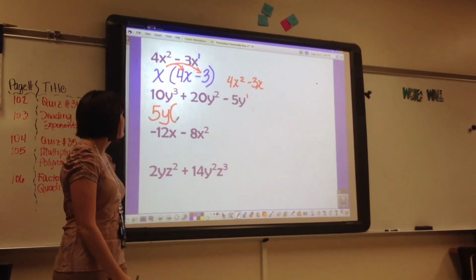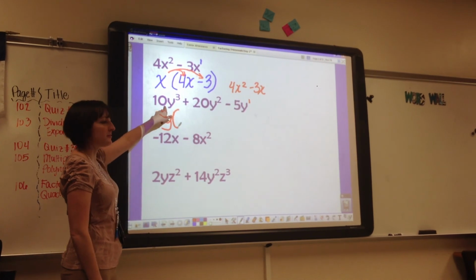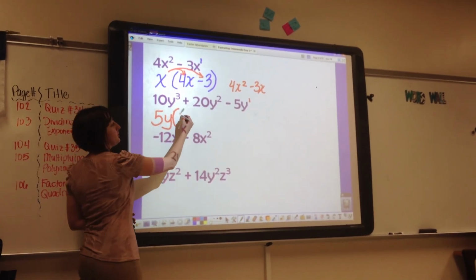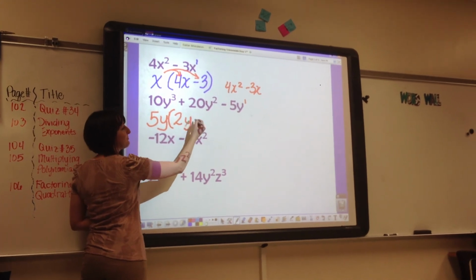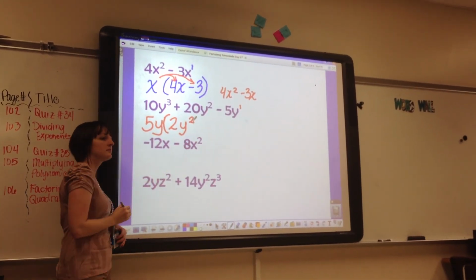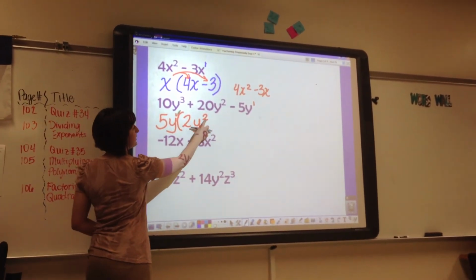Parentheses. 5 times what gives me this? 2y squared. Why is it to the second power? Because we add the exponents. So 1 plus 2 is 3.